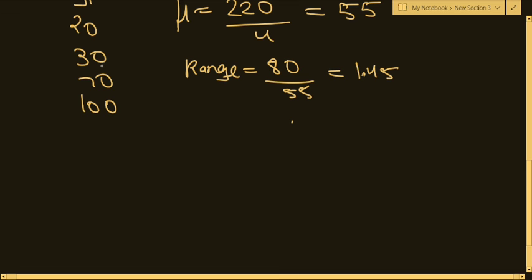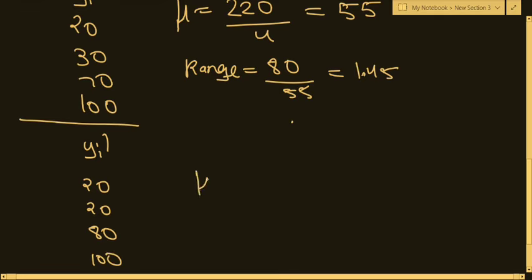So our other income distribution, yi dash, would have 20, 20, 80, and 100. Our average would remain the same. We have just subtracted 10 and added 10, so no difference.